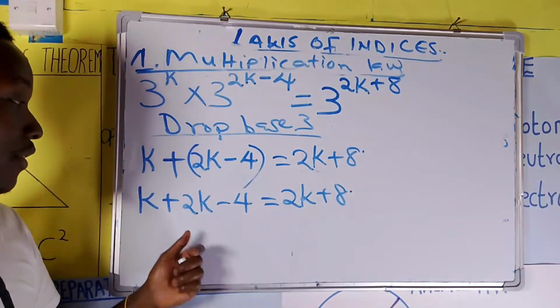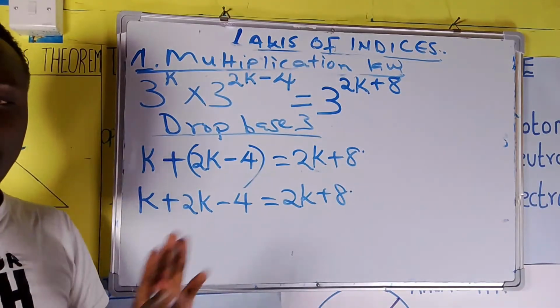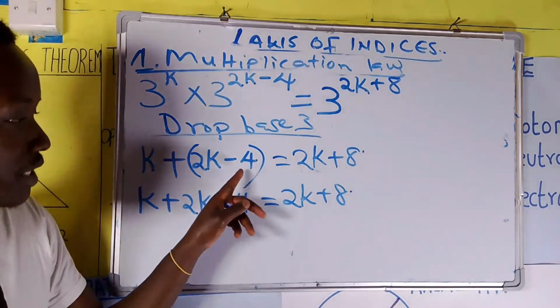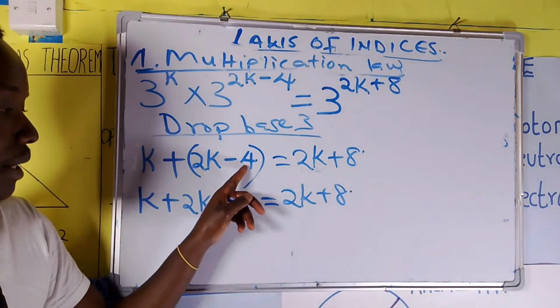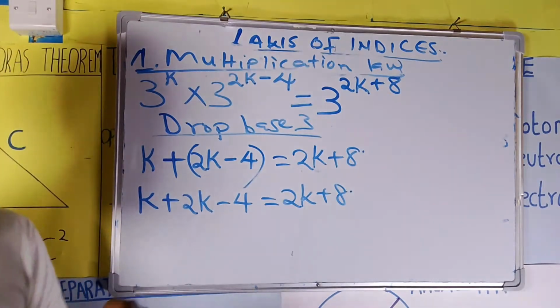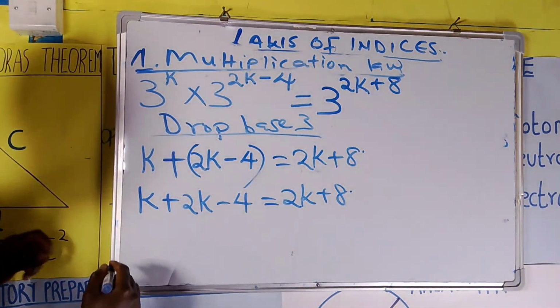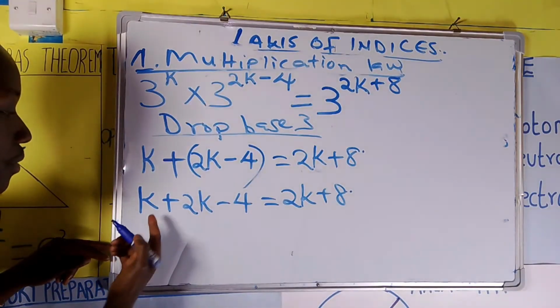Even if it will remain the same for addition, majority of the cases it remains the same, but for subtraction, and we have a subtraction here, a negative times a negative becomes a positive. So take note of that. So by doing this, we now put the right terms together.